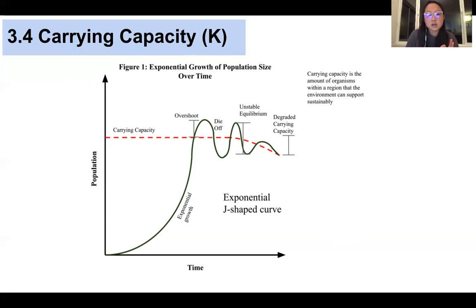It's reached the carrying capacity, but of course it's going to overshoot it a little bit. The overshoot occurs when the population growth exceeds the carrying capacity. And then you're going to see a crash, or as ecologists call it, a die-off of individuals in the population. So all of a sudden you see this die-off that happens here.